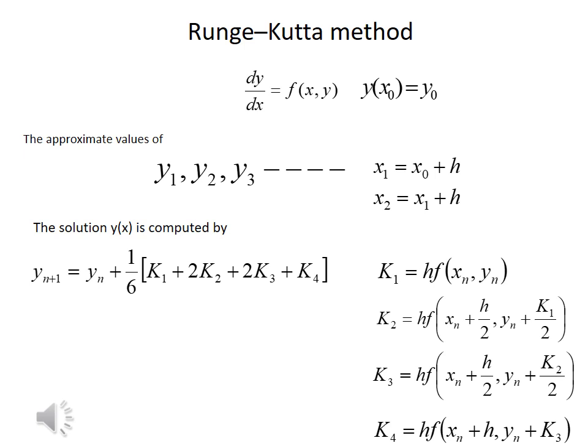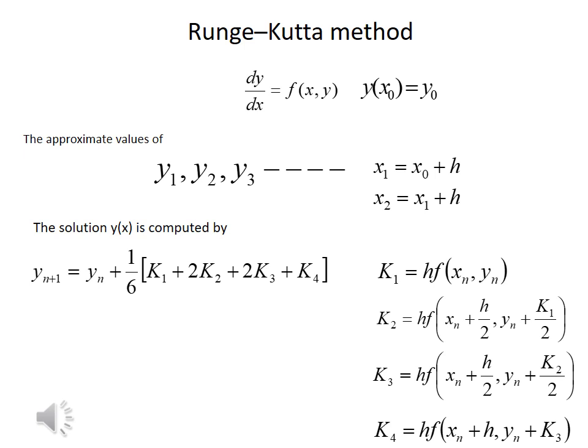k1 is equal to h into function of xn, yn. k2 is equal to h into function of xn plus h by 2, yn plus k1 by 2. k3 is equal to h f of xn plus h by 2, comma yn plus k2 by 2. So listen, k4 is equal to h f of xn plus h, comma yn plus k3.